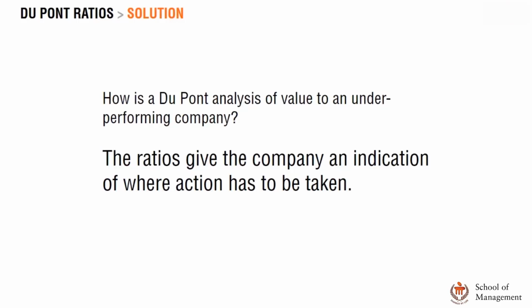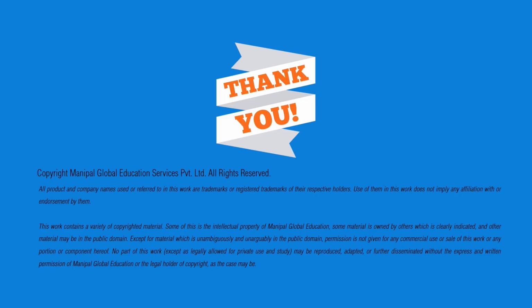For example, when we talk about capital employed, we can break it up between current assets, that is working capital, and fixed assets, which is fixed capital. Similarly, when it comes to operating expenses, we can break it up further between selling and administration, research and development, and production. Now, these are the ways in which the company can further break up the workings to find out where the action lies to improve the company's performance.